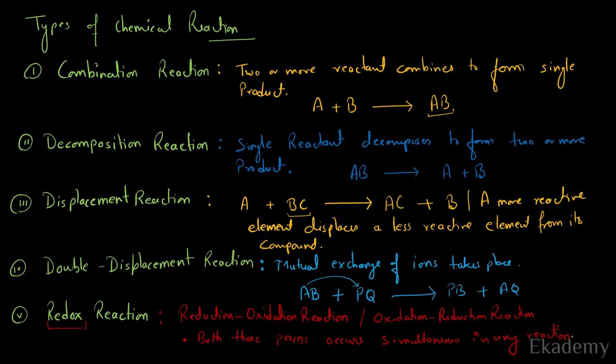Okay, so this is a basic idea of different types of chemical reaction. We will see a detailed analysis of all these types of reaction, starting with combination reaction in the next class.